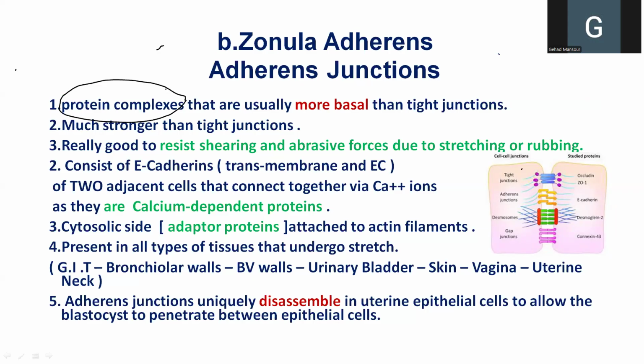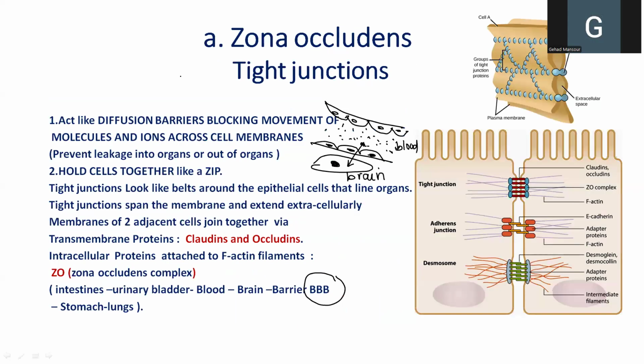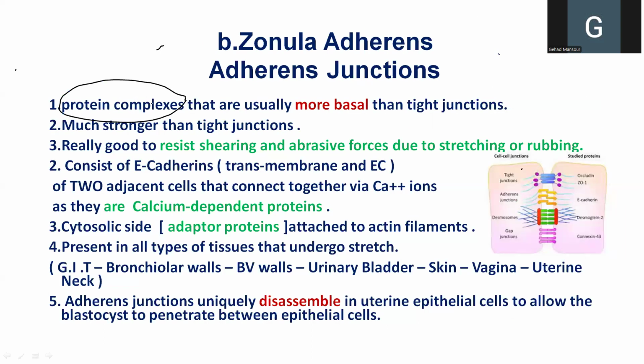By the way, just like the previous ones, the zona occludens junctions were protein complexes. They are considered protein complexes because they are made of several types of proteins. And they are usually more basal than the tight junctions. And when we say basal, here we mean that they are lower in position than the tight junctions.